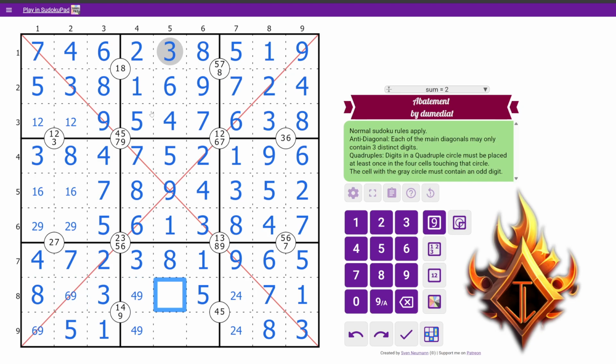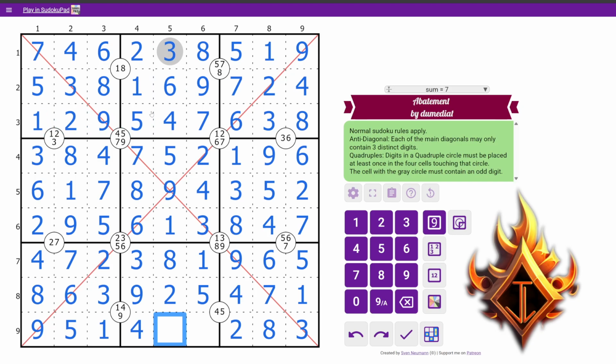This is a 2, 4, 6, 9. Can only be 2 because of the digits to the top of it. And that will about sort it out, I think.